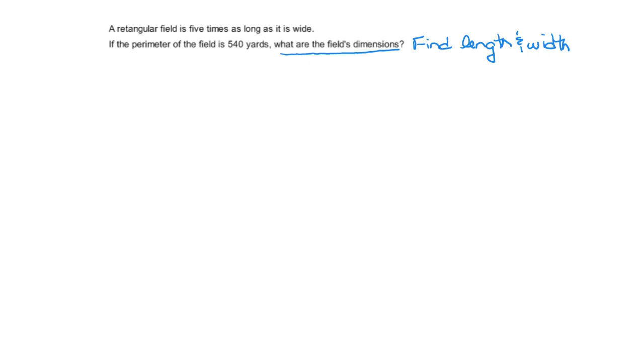All right, so let's go ahead and draw a rectangle. Since it's telling us 5 times as long as its width, and we don't know what the width is, we're going to call that width x. It is x yards long.